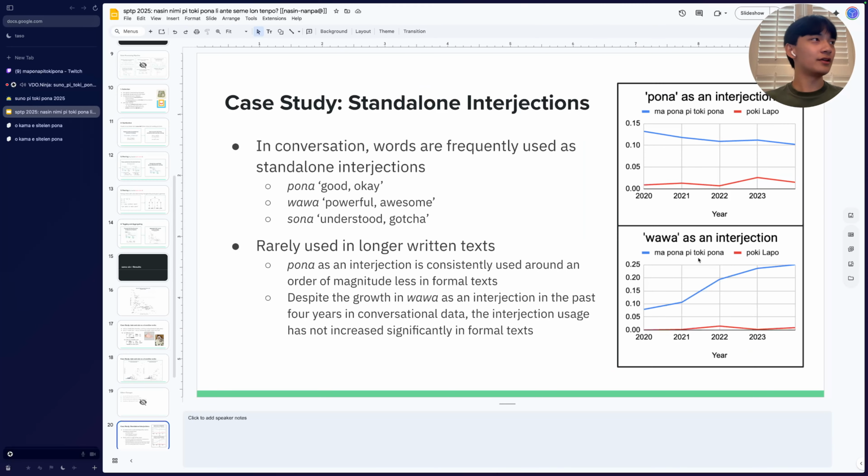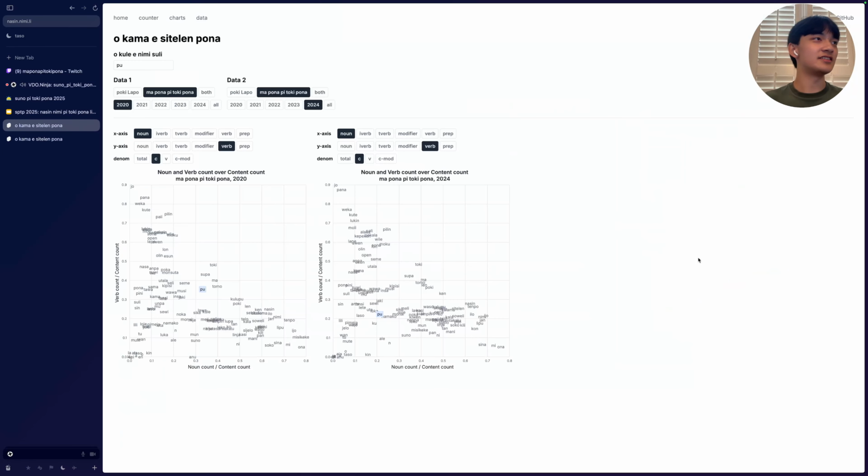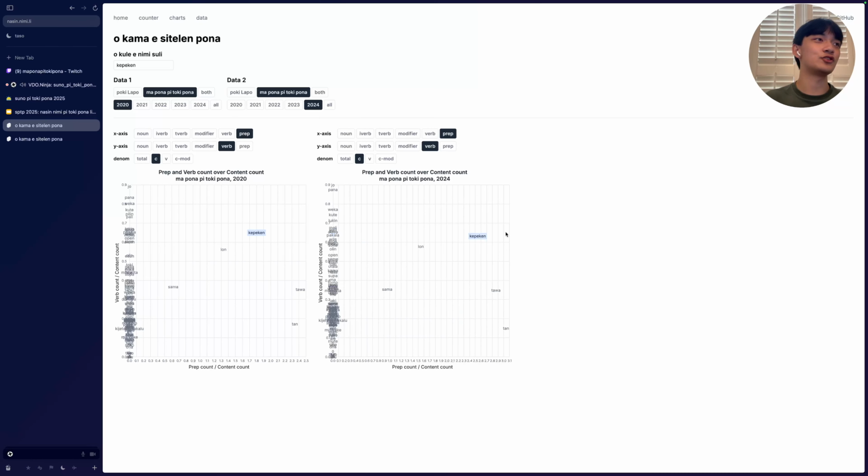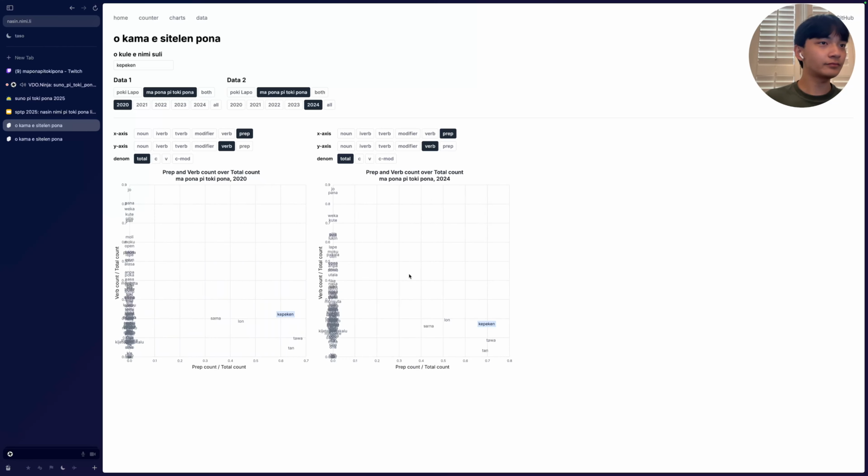Oh yeah, let's look at some other instances of change. Another one that I thought was interesting was kepeken. If we go and look at the verb and preposition map, okay, this is kind of a goofy map. Let's look at the x-axis.